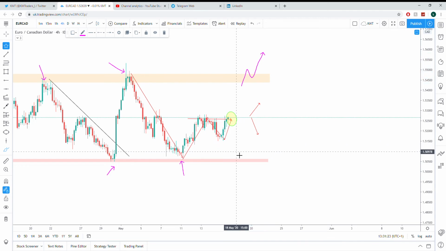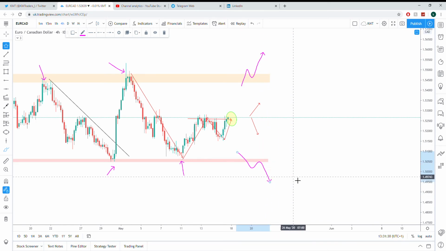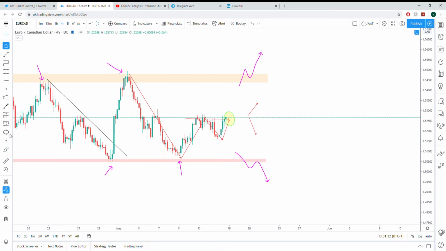And if we're looking at the downside, we're waiting for that lower push, we're waiting for that pullback, and we're waiting for that momentum. And obviously the key thing to look at is that area of rejection here, just to show that the market is again rejecting this area of support or resistance, and we're pushing lower.